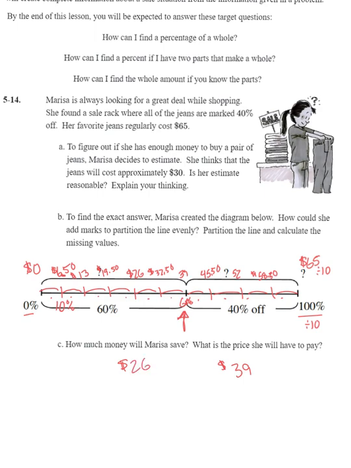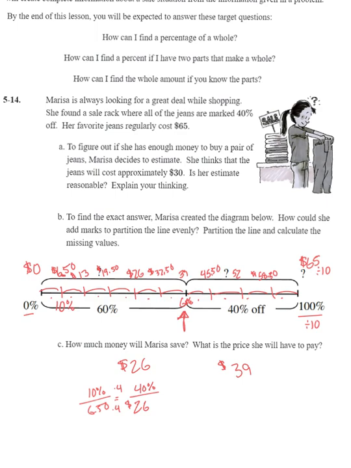Or another way to look at it would be, if I know 10% is $6.50, the amount of money she's saving is 40%, which means I'm taking this times 4. $6.50 times 4 is $26.